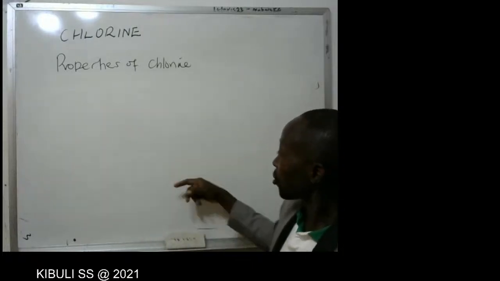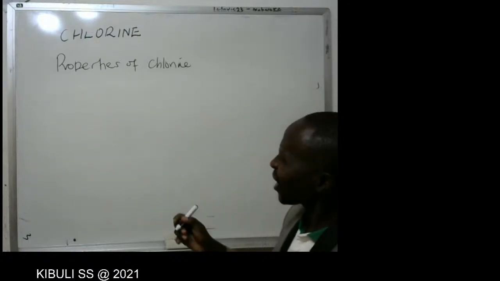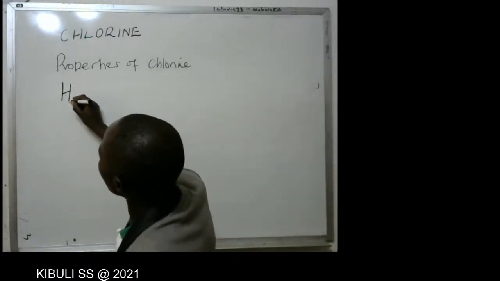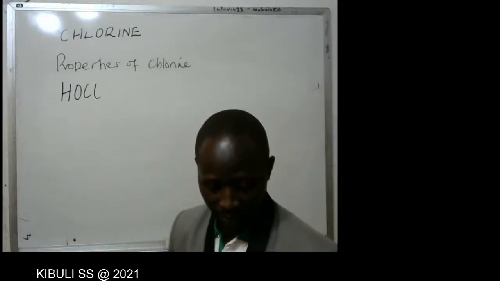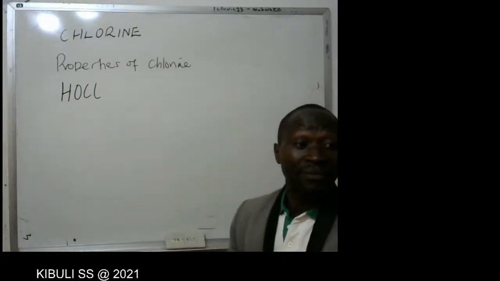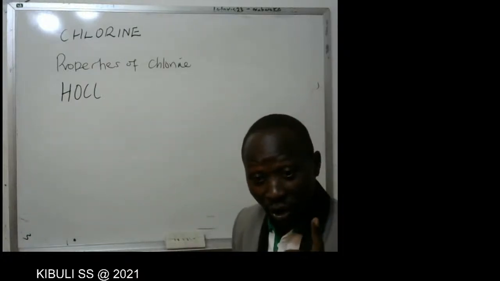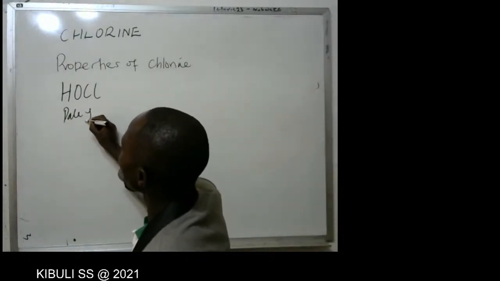The bleaching action of chlorine comes as a result of formation of chlorine water. Actually, the active bleaching agent is HOCl, hypochlorous acid. What gives chlorine water the pale yellow color? It is actually this one, which is pale yellow.